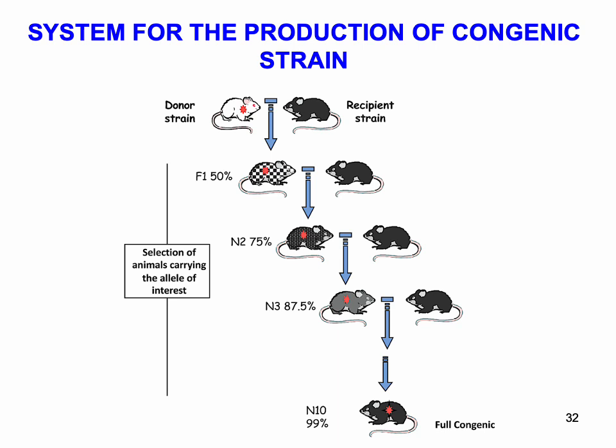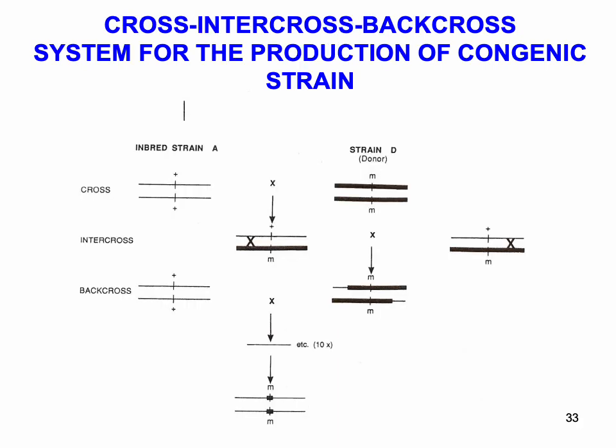In details, this intercross, backcross system for the production of congenic strains, in this picture you can see the introduction of a recessive mutant. After an initial cross, a cycle of intercrossing, backcrossing is repeated at least 10 times, whilst ensuring that the animals selected for backcross carry the gene of interest.